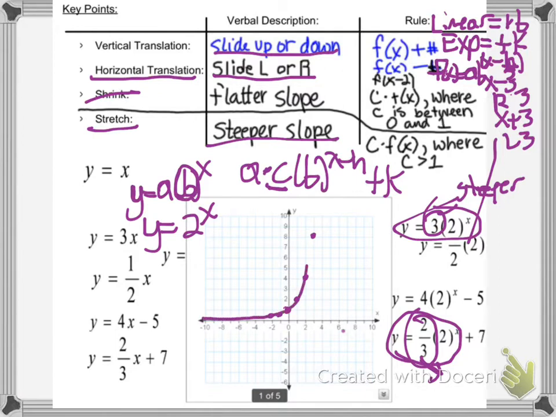So there's that function, and then say we graph y equals 1/2 to the x, and that's our b value once again. We know we're going to have the same y-intercept here.